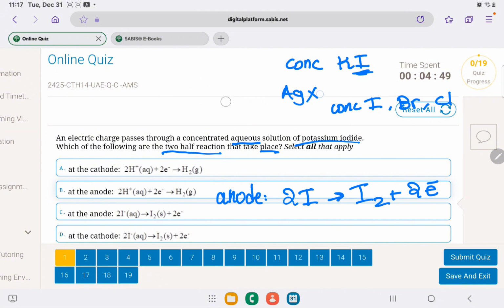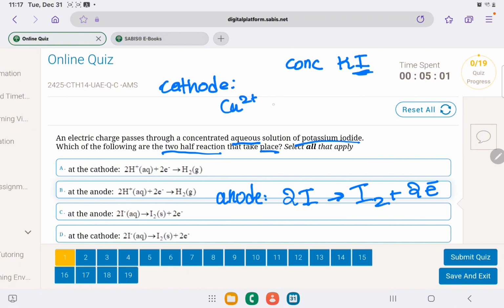Now we have to find the equation at the cathode, the half reaction. The first question is, does the solution contain Cu2 plus or Ag plus? Here they didn't say it's made of Cu or Ag, so no. So the equation is 2H plus plus 2e minus to give H2.